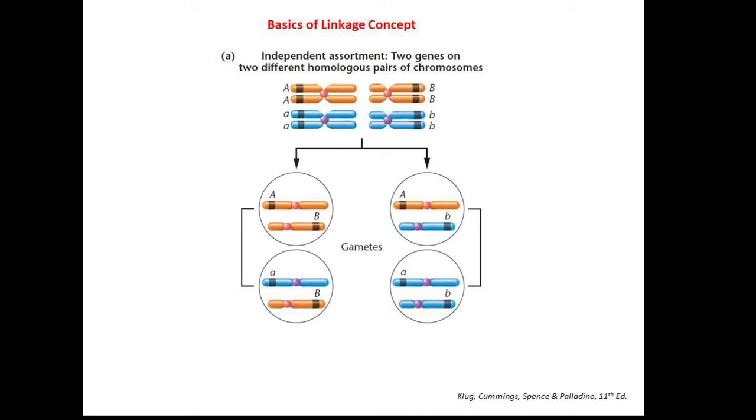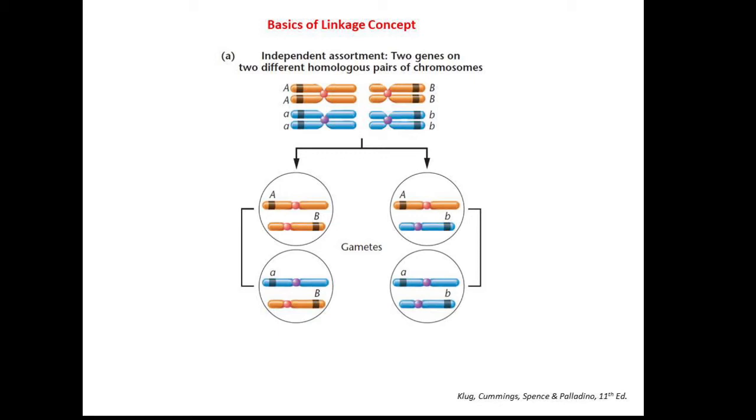In the upper panel, we can see the bivalent chromosomes with chromatids shown. In the gamete, it's not chromatids, it's a compact chromosome. There are two chromosomes, one harboring allele A, another harboring allele B. Both are dominant, or wild type, both are capital.